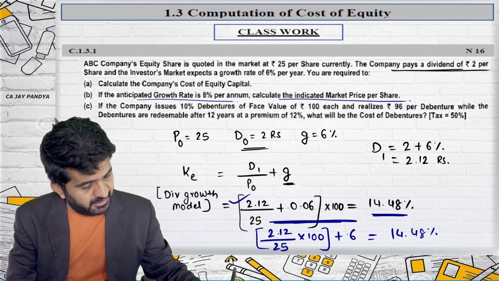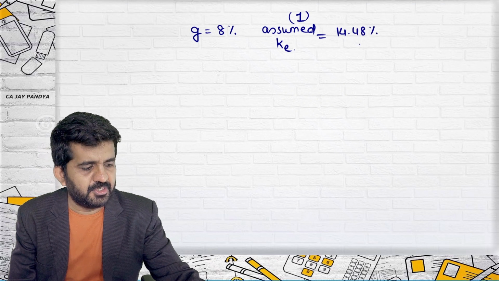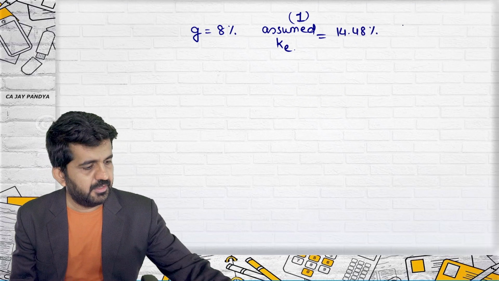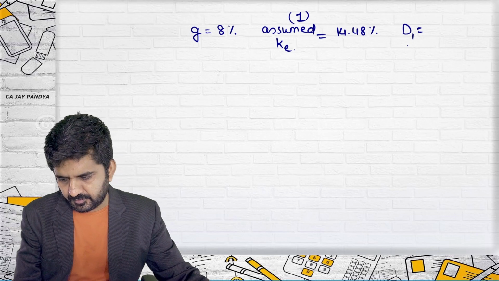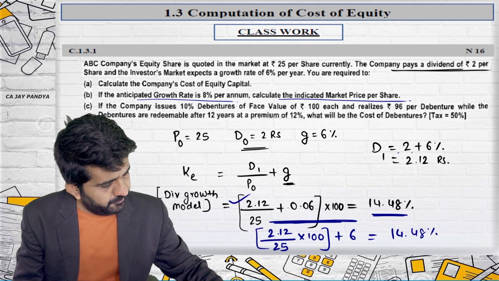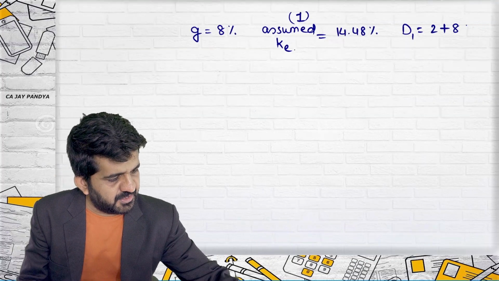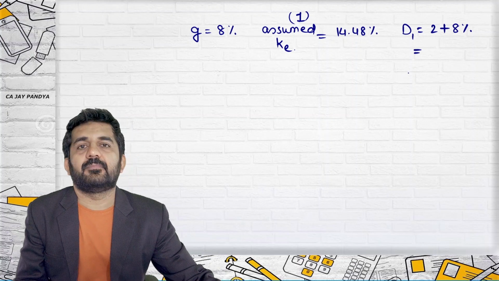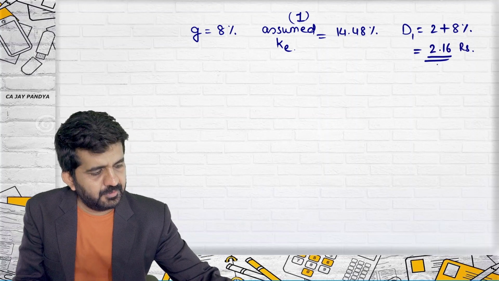What was KE in point number 1? 14.48%. D1 is equal to, what was D0? 2 plus, instead of 6, it is 8%. It is 2.16.